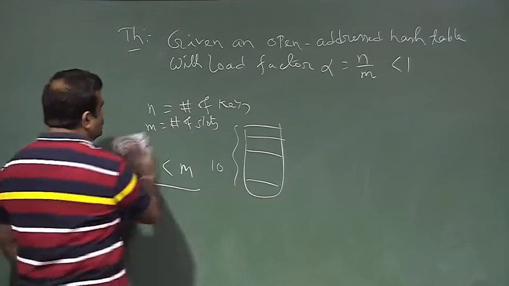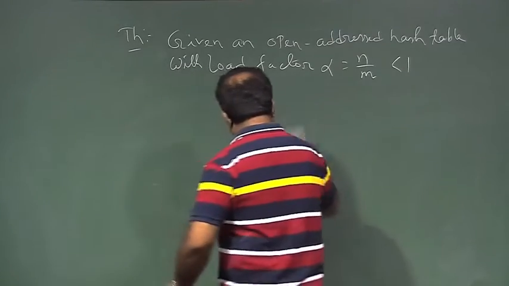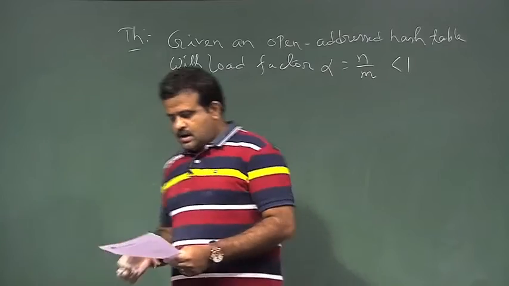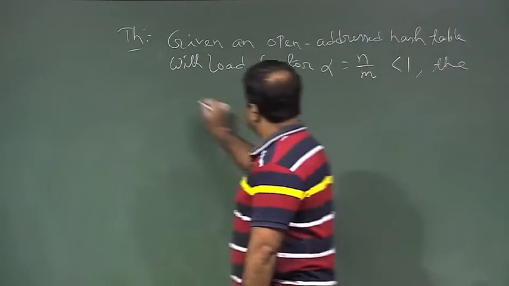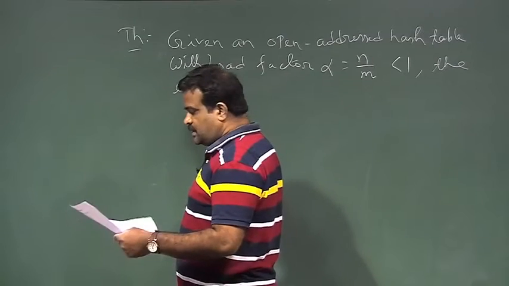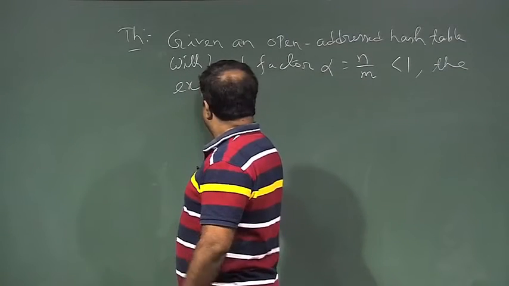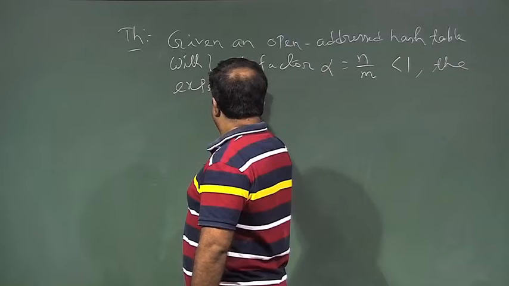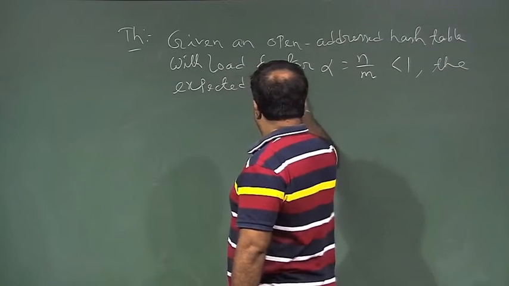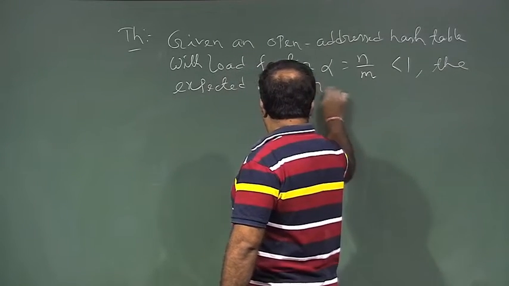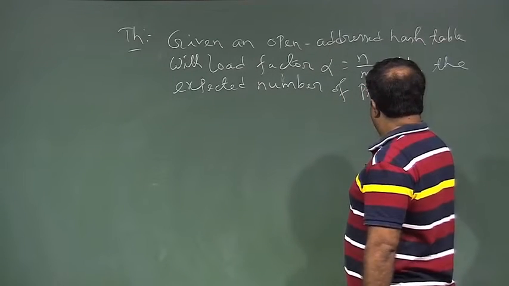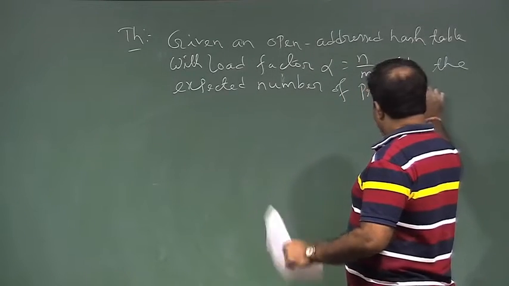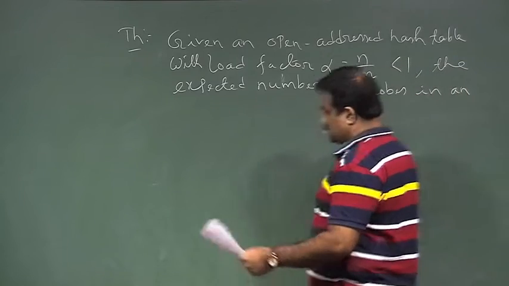Okay, then the theorem says the expected number of probes in an unsuccessful search is at most 1 by 1 minus alpha.